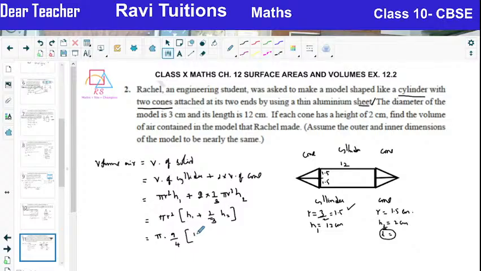H1 is 12. 2 by 3 into h2 is 2. So 9 pi by 4 into 3 is 36 plus 4, 40 by 3. This 4 ten times, and this 3 three times. So 30 pi is the answer, cubic centimeters.